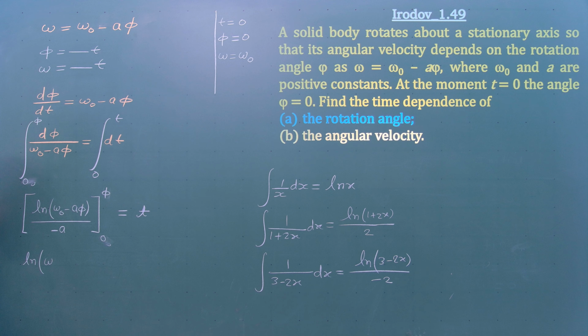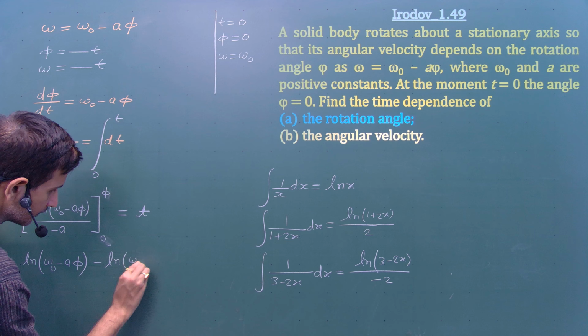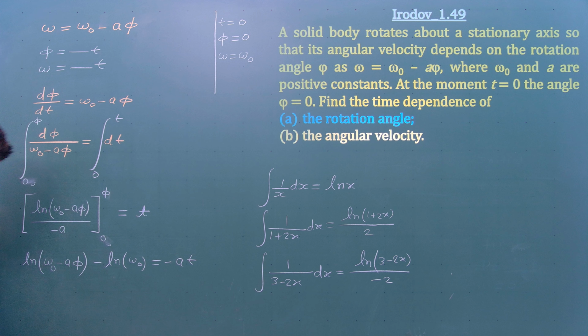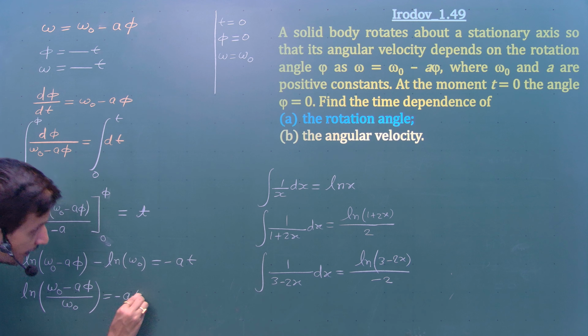So it is ln of omega naught minus a phi, minus ln of omega naught, and it should be equal to minus at. So this is ln of omega naught minus a phi divided by omega naught equal to minus at.